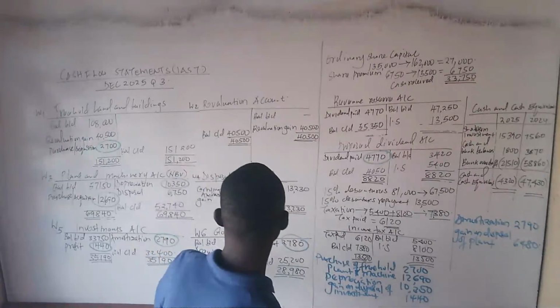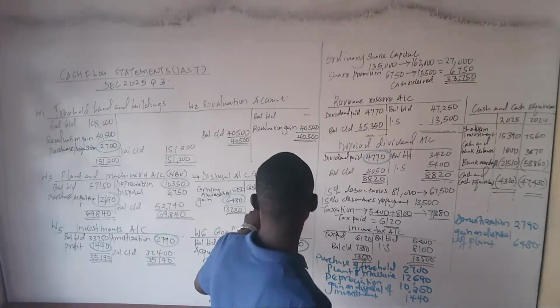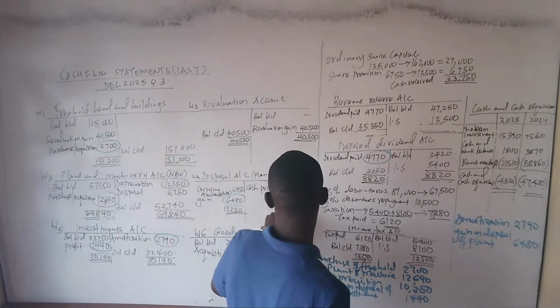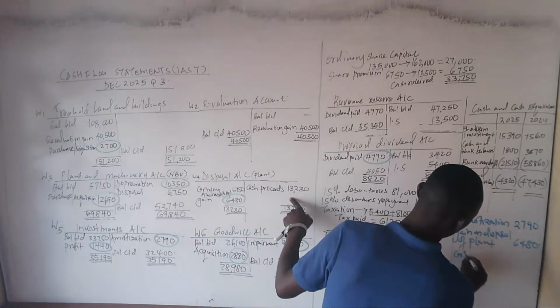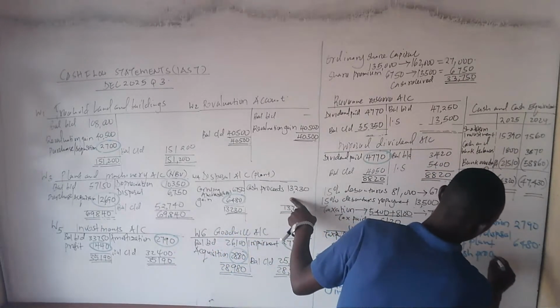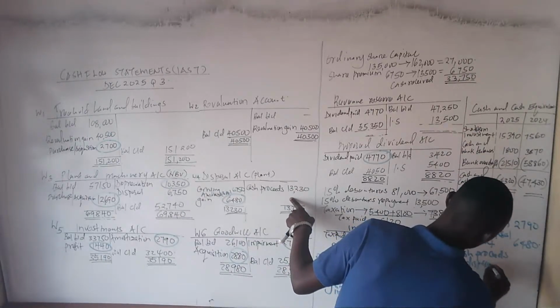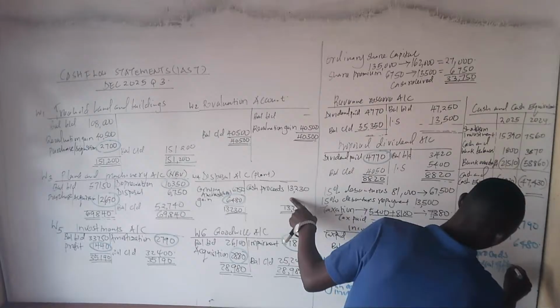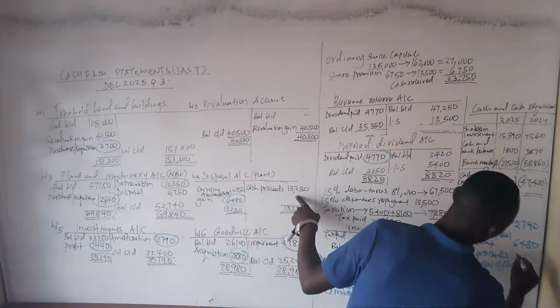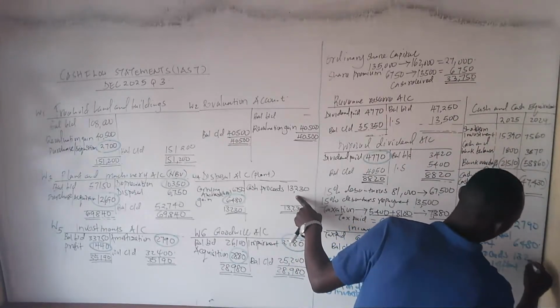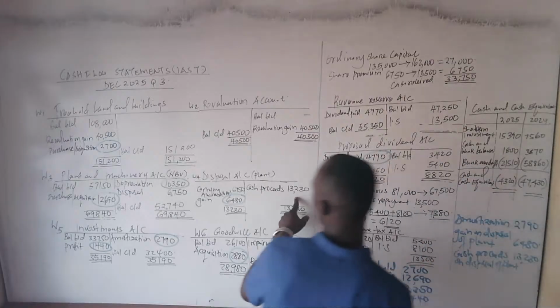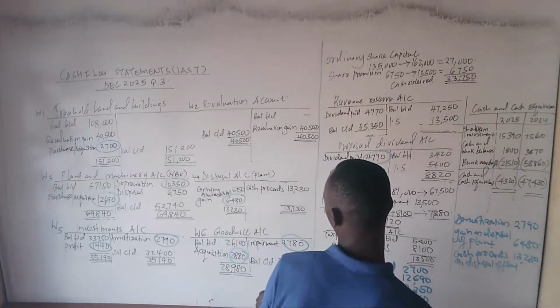After that we have the cash proceeds on disposal of plant, 13,230. And what else can we talk about?